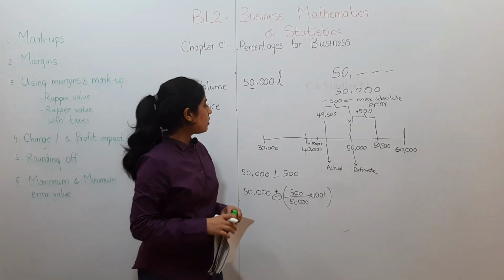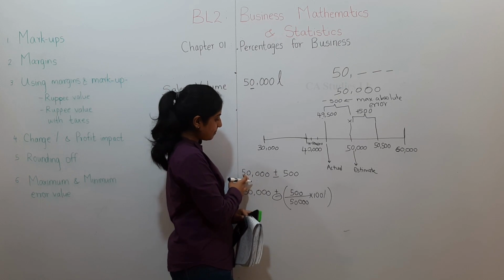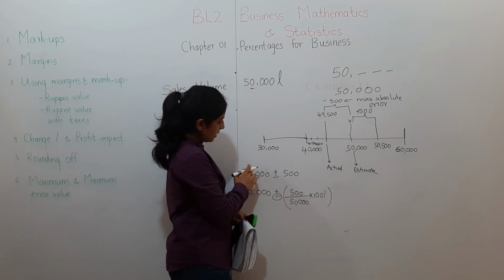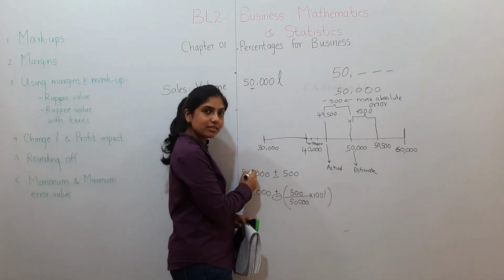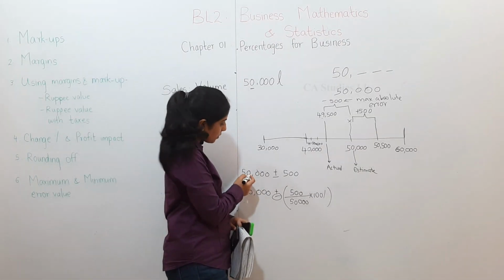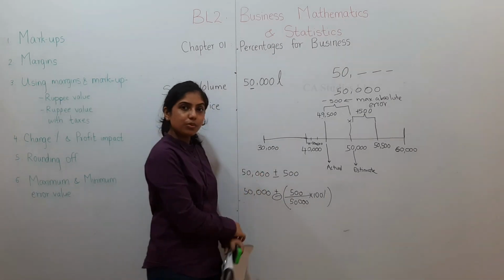Even though they rounded off to the nearest thousand, nearest thousand means they have adjusted the hundreds, right? That's why that is a possibility now.